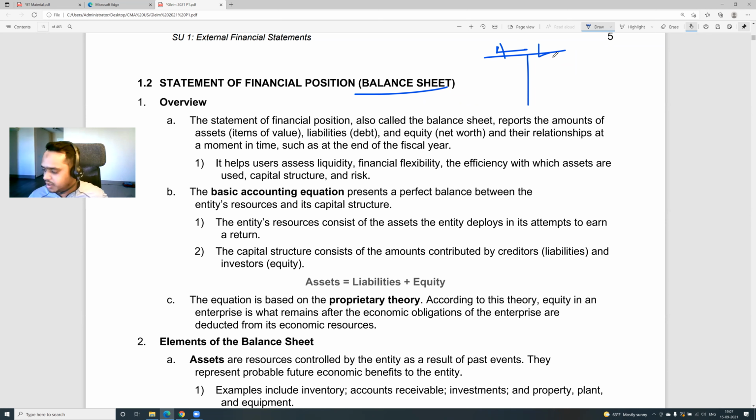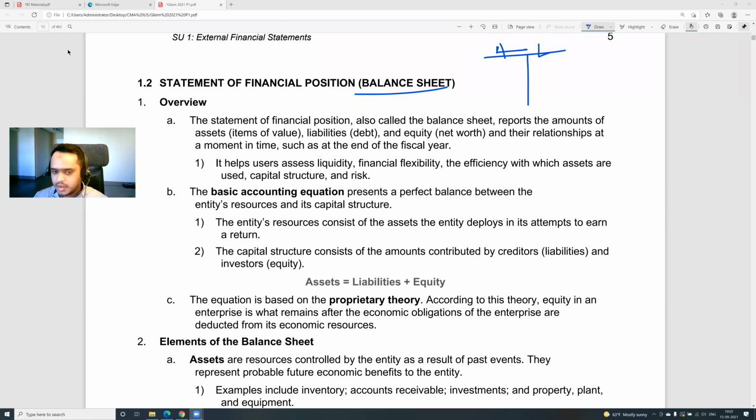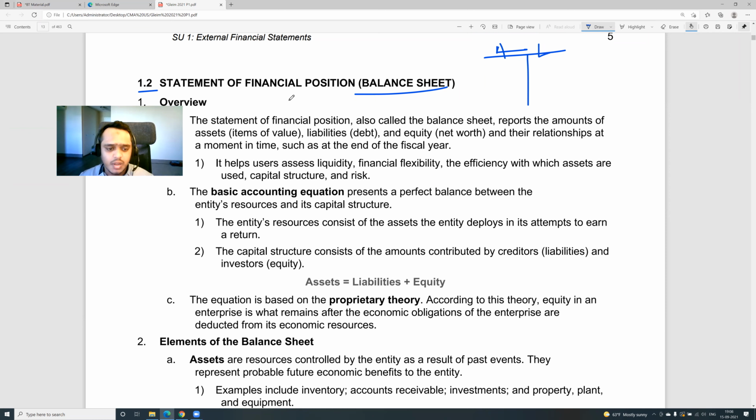Let me take a pen and start writing. If you see here, the equation of the balance sheet is always: assets equals liabilities plus equity.